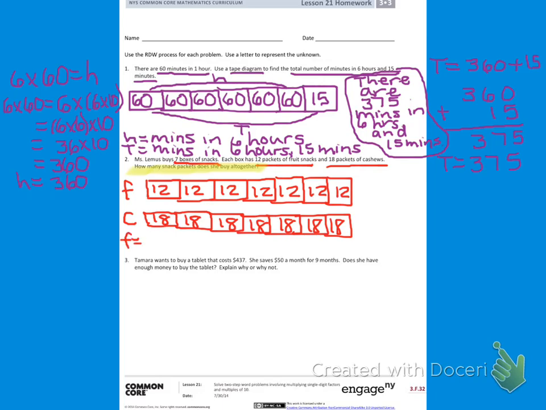F is the same thing as number, which I can write with a sign that looks like that, of packs of fruit snacks.